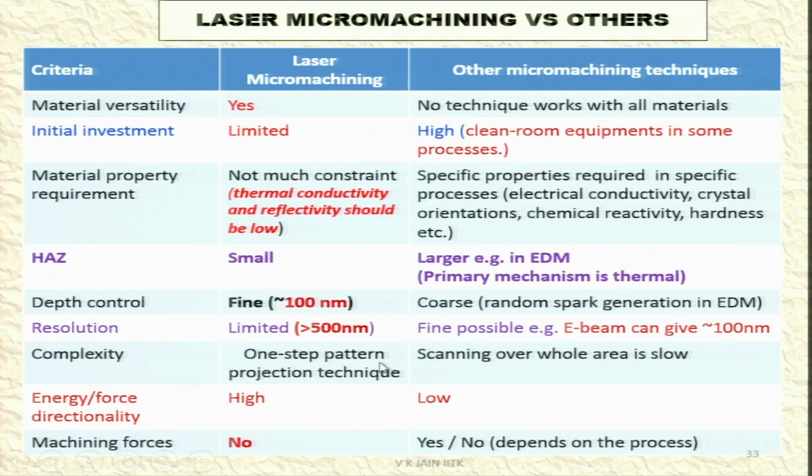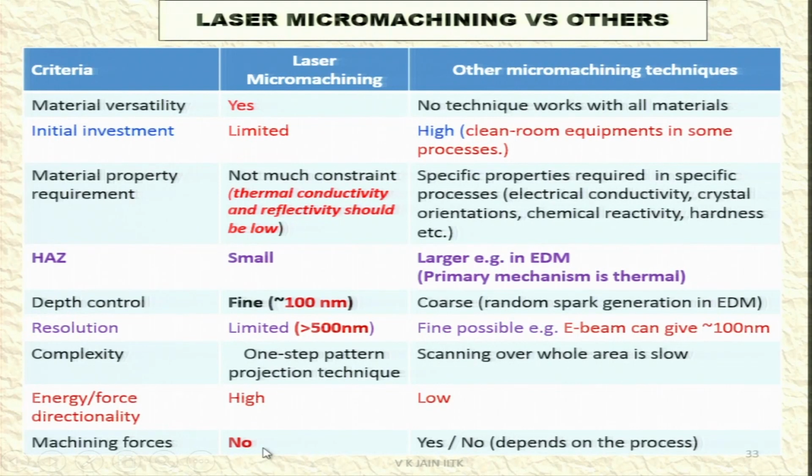Complexity: one step pattern projection technique, while scanning over the whole area is slow. Energy, force, directionality is high, while in other advanced machining and micromachining processes, it is low.